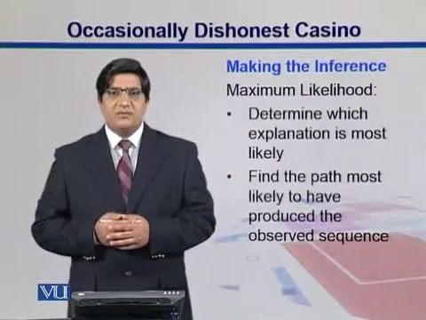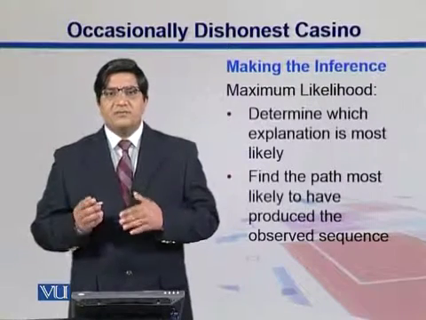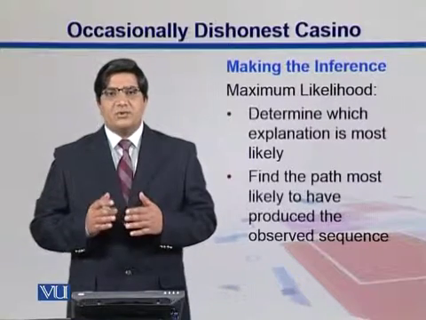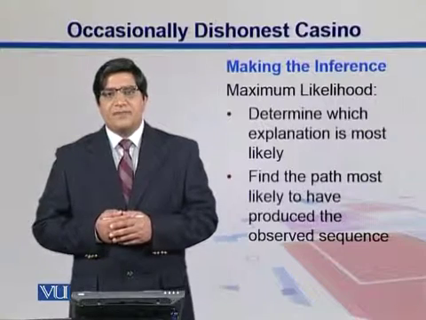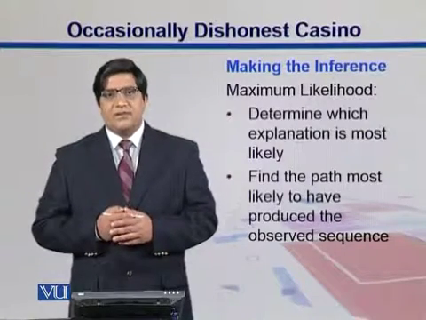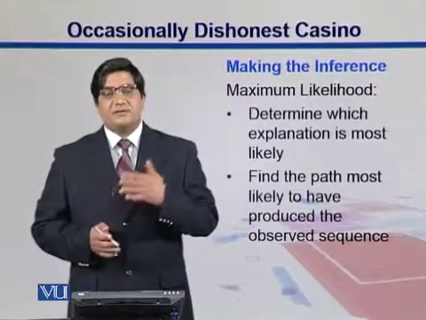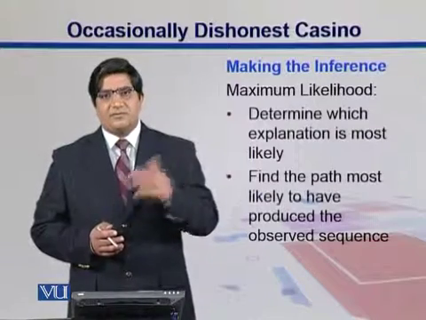So you try different paths or different models. You assume that it can be a fair, fair, loaded trial, or it can be loaded, loaded, loaded, or whatever different pathways you can get, and you can calculate their probabilities. In the end, you can make your inferences whether your dice were all loaded or all fair, or what the sequence behind that was.